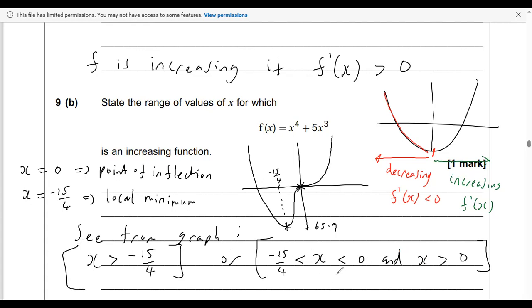And in fact, instead of square brackets, I'm going to use curly brackets for a set. The reason I'm saying this is because at x equals 0 the gradient is 0, so it's neither increasing nor decreasing, but they're quite lenient with whether you take a gradient of 0 to be increasing or not.